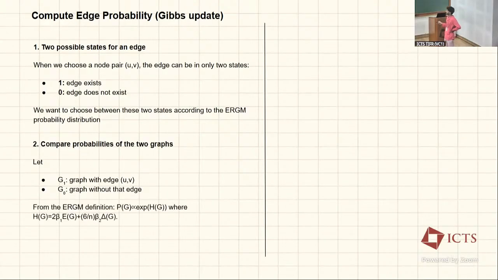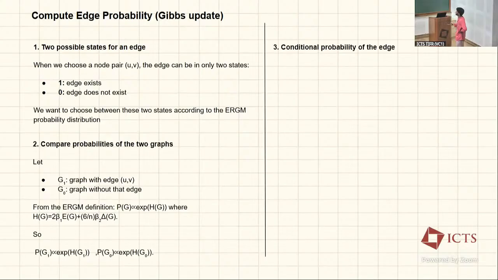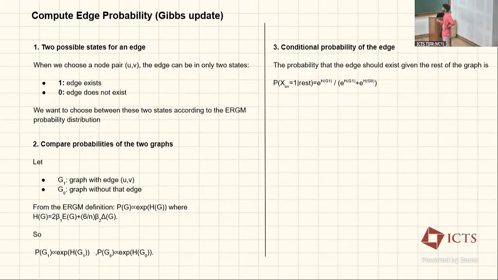We already know our distribution, which is exponential, so we can write their individual probabilities. And this change is the Hamiltonian, basically, which we have. Then we're going to write their proportional corresponding probabilities, and we're going to define the conditional probability.